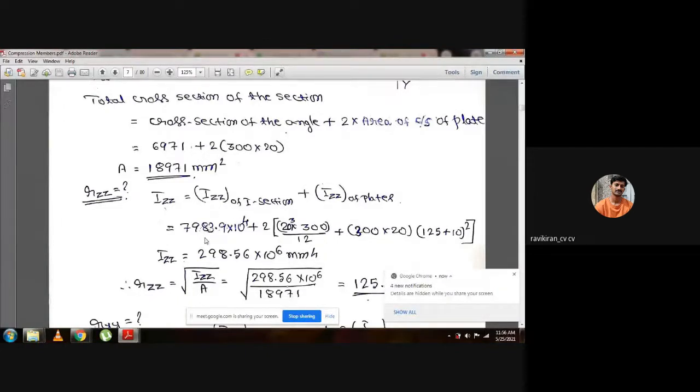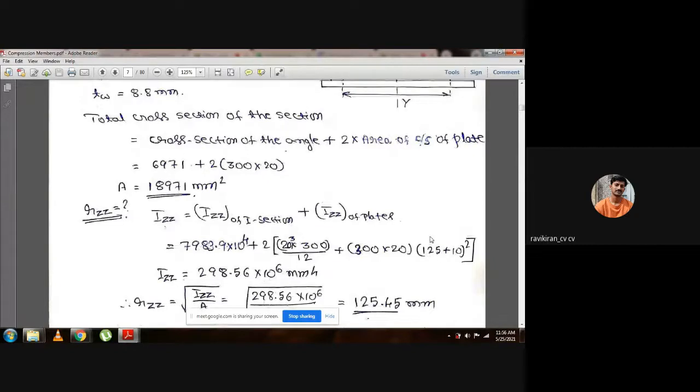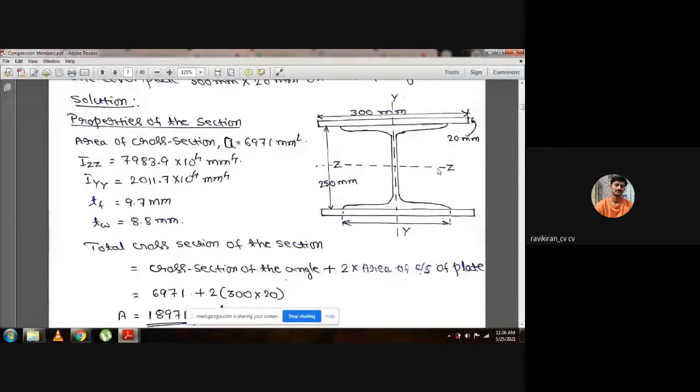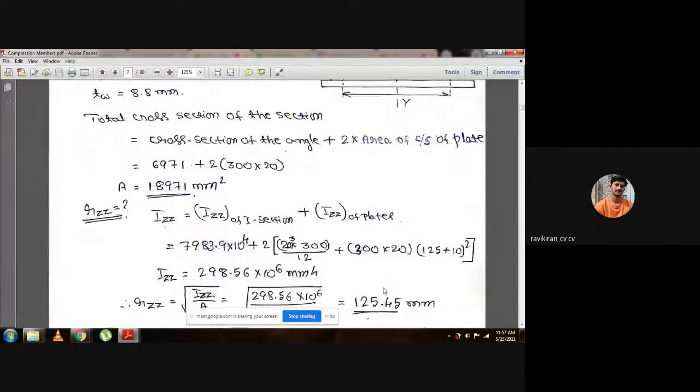So for the I section, we write it as it is, that is 7983.9 into 10 power 4, plus 2 times for the plates, BD cube by 12 plus area into H square. This H is the distance from the neutral axis to the center of the plate. The depth of the I section is 250 millimeter. Half of this is 125, plus half of the plate, 20 divided by 2. That is what we have written here.